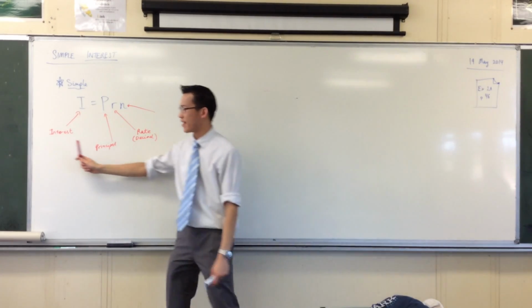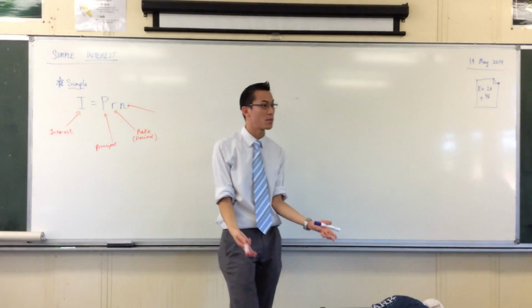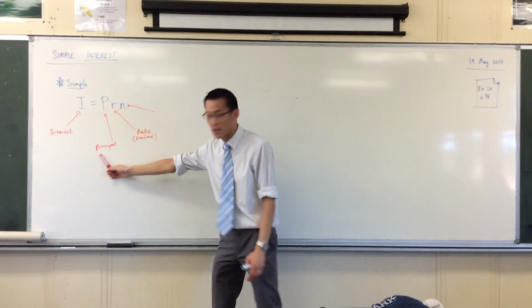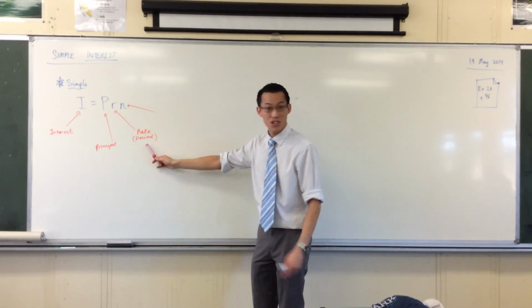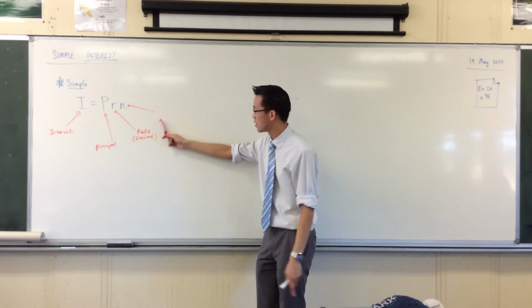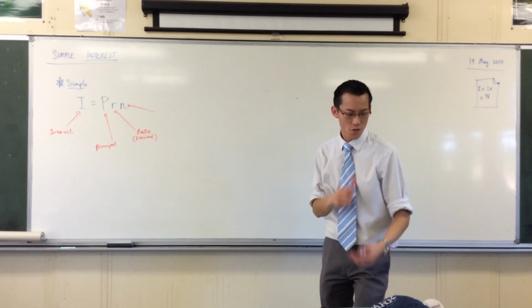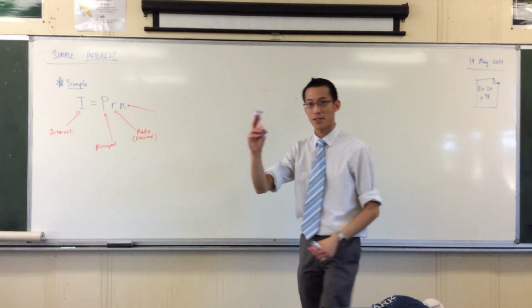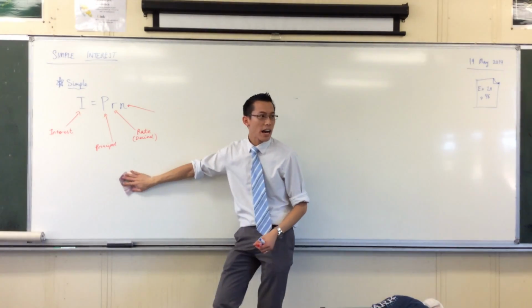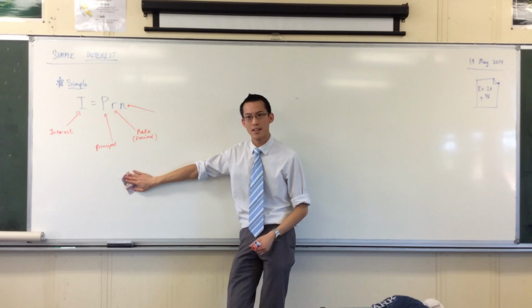Remember, I'm trying to work out how much interest I'm going to have to pay on money I borrowed. I need to know how much I borrowed, and how much they're going to charge me as the interest rate. There's one more thing I need to know. Remember my $5, right? The longer the bank has it, the more I'm going to expect them to pay me, right?